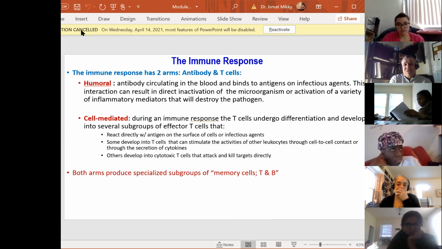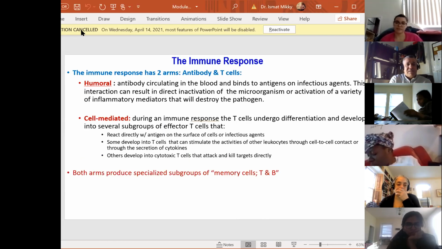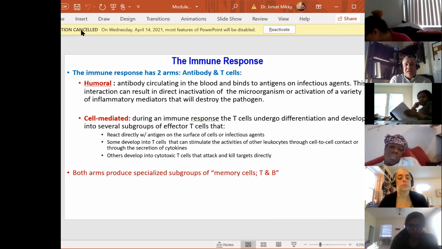That's the time the immune response would be elicited for the penicillin, versus the PPD test, which takes about 2 to 3 days. So the cell-mediated is a delayed immune response, and that takes time until the cell-mediated immunity would occur.